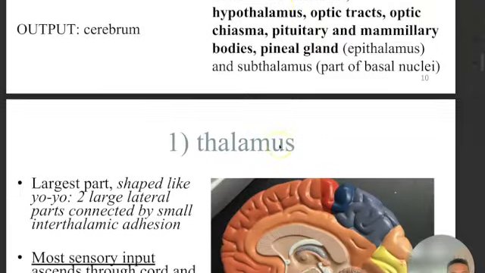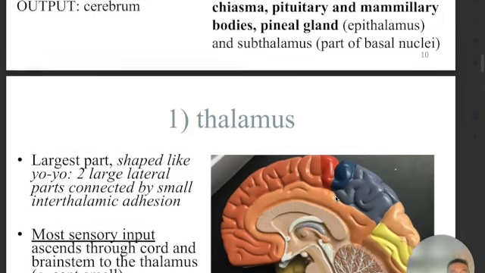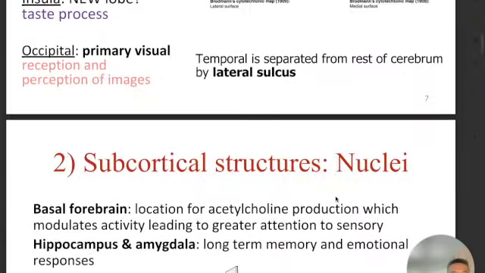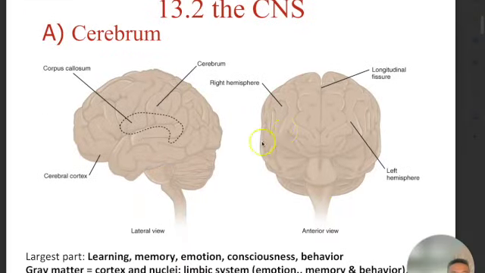It looks like that. This is a connection between the two hemispheres of the brain, the left and the right brain. That's the corpus callosum. Please remember that term. So that's your right hemisphere, left hemisphere. Longitudinal fissure.